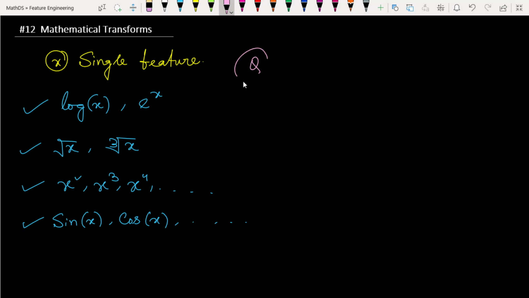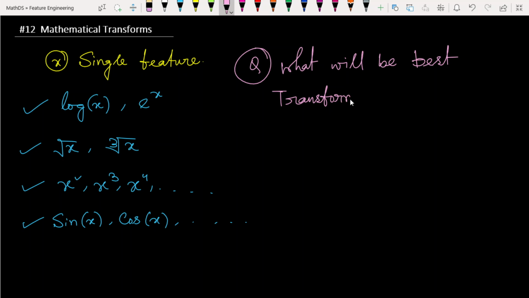So the question is, what will be the best transformation? It depends on the problem.